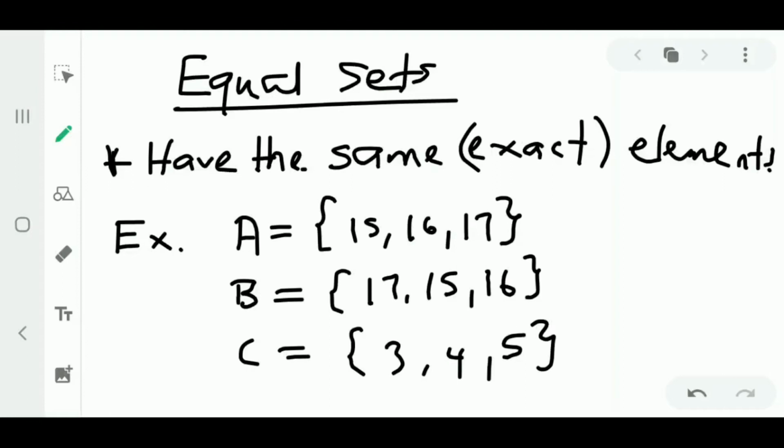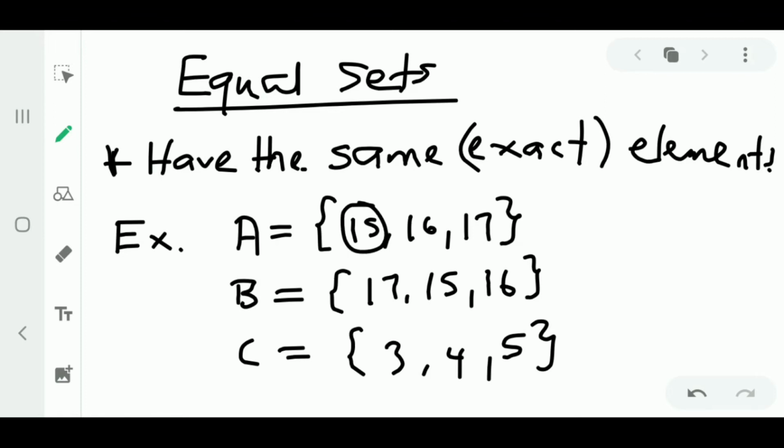So now we have equal sets. Equal sets have the exact same elements, so the order in which the elements are in the set does not matter. For this example here, we see that A has 15, 16, 17, B has 17, 15, and 16, and C has 3, 4, and 5. Now we want to know which of these sets are equal.